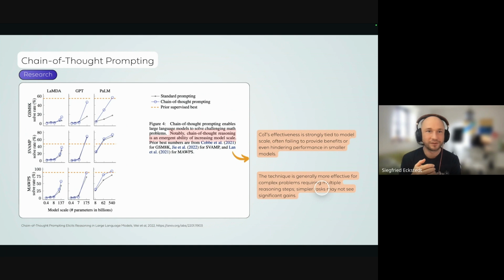Question now, of course, is can we get away with a small model? We just applied chain of thought prompting, and then it miraculously got more intelligent. And the research paper sheds a little bit of light on it: chain of thought reasoning emerges with model size, actually.